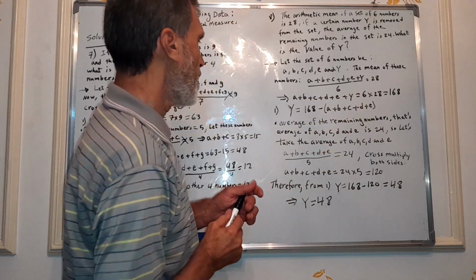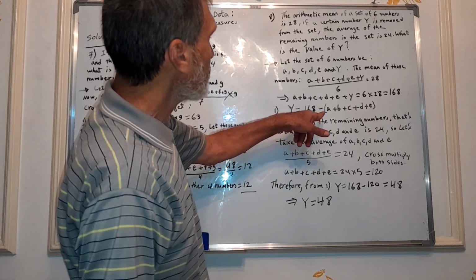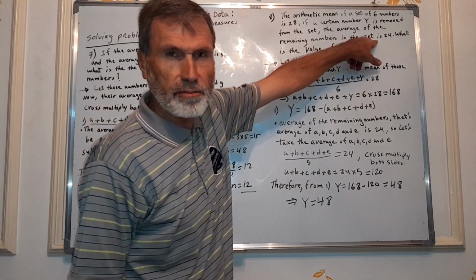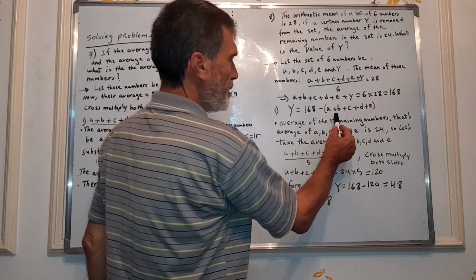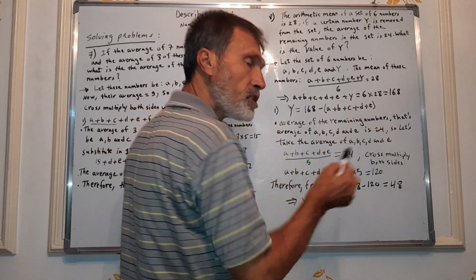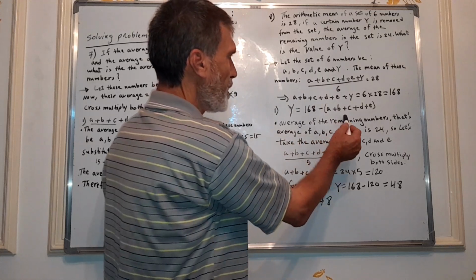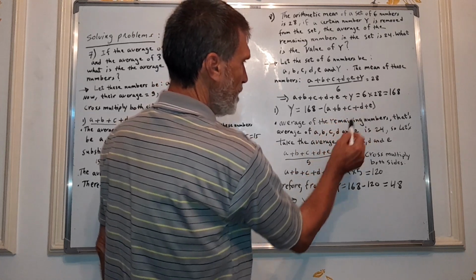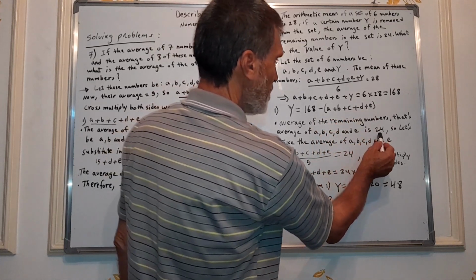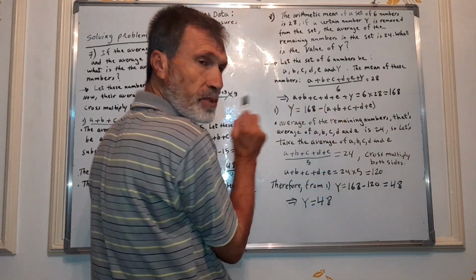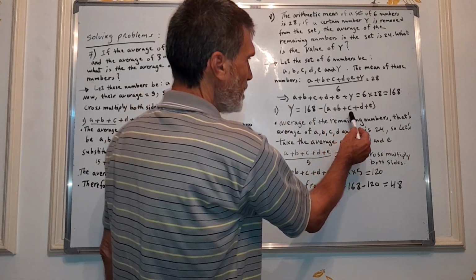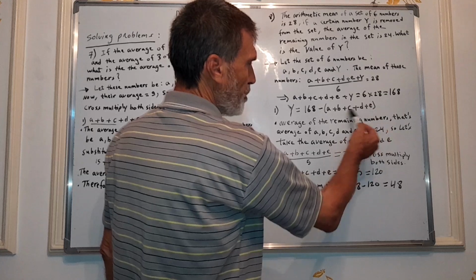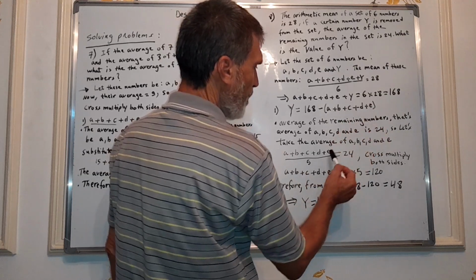Okay, great. Now, he's saying that the average of the remaining numbers in the set is 24. So let me take the average of the remaining numbers, that is the average of A, B, C, D, and E. I get A plus B plus C plus D plus E over the number of values here, 1, 2, 3, 4, 5, over 5.